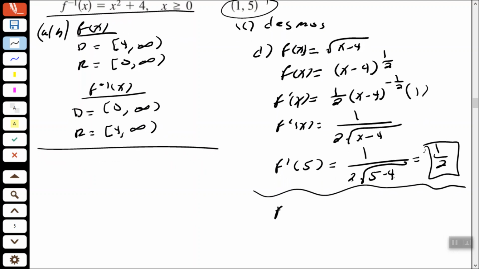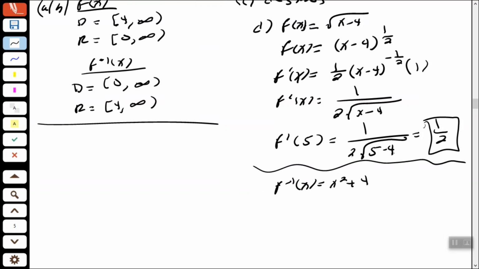So f inverse of x equals x squared plus 4. Therefore, f inverse prime of x is equal to 2x.